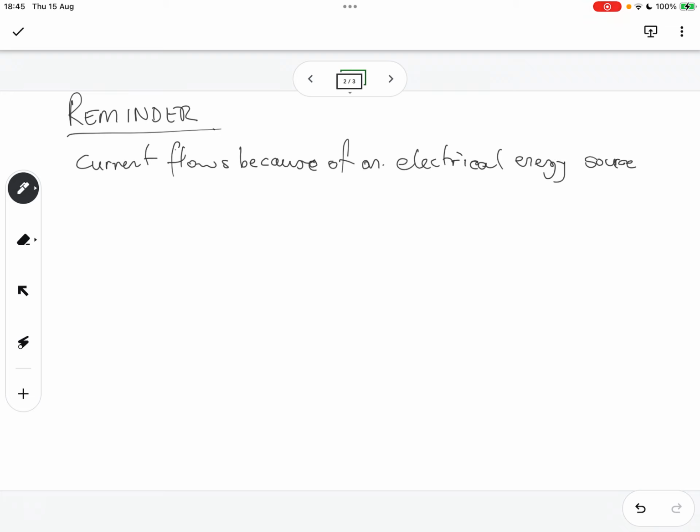Sometimes that electrical energy source is a result of some chemical reaction that produces energy that can be converted into electrical energy, and then we have current flow. And the other thing we need to also remember is that a closed circuit needs to be in place. So current flows because of an electrical source and a closed circuit.